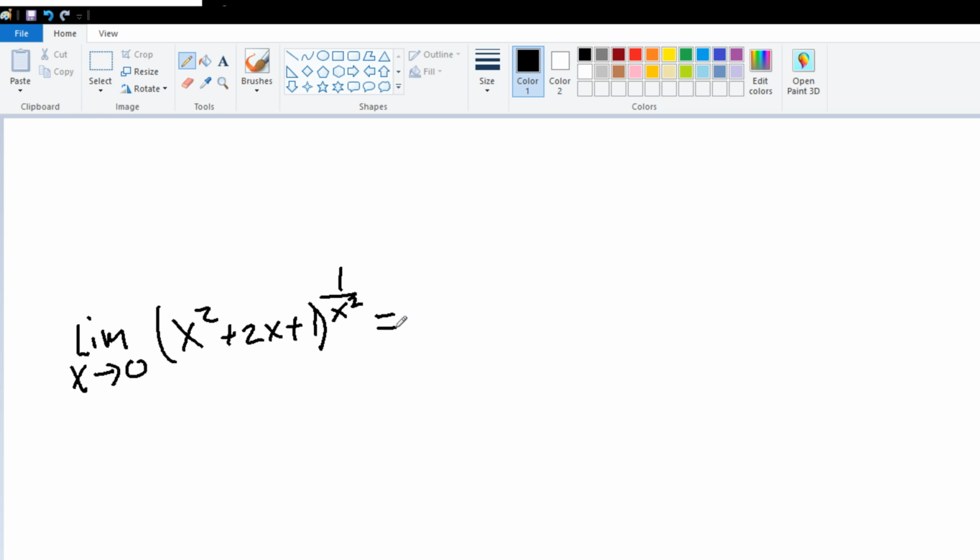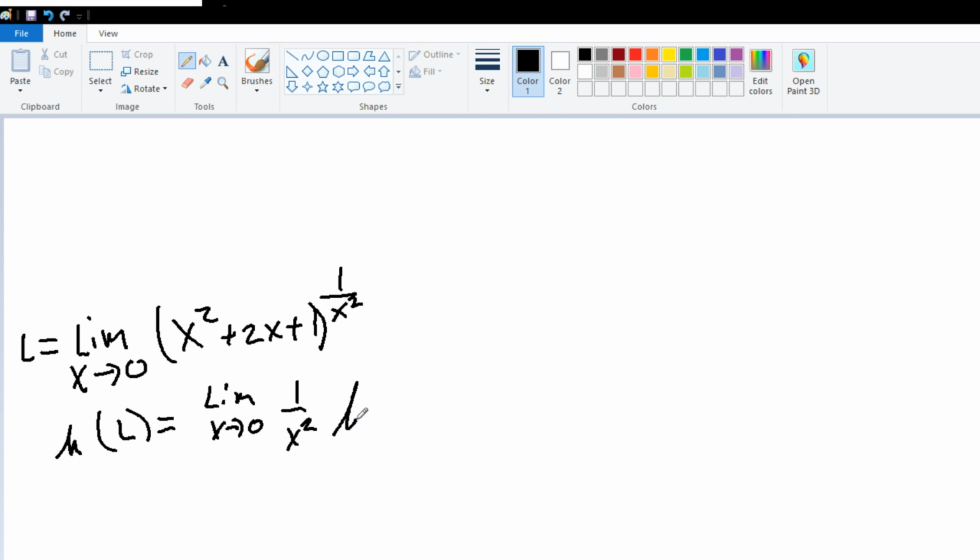So this one here, we're going to let this limit equal L, because we're going to have to take the natural log of this limit. So the natural log of L is equal to the limit as x goes to 0 of 1 over x squared times the natural log of x squared plus 2x plus 1.